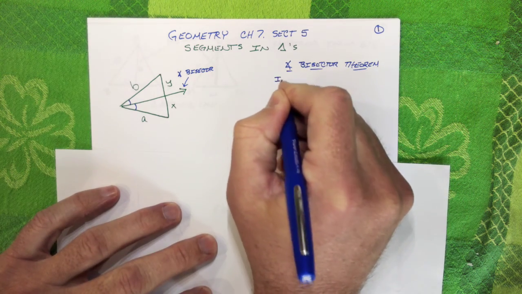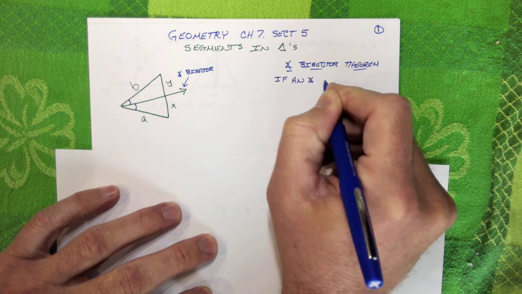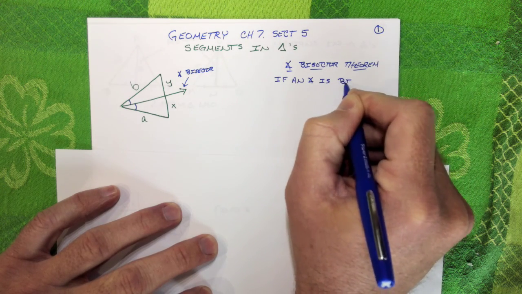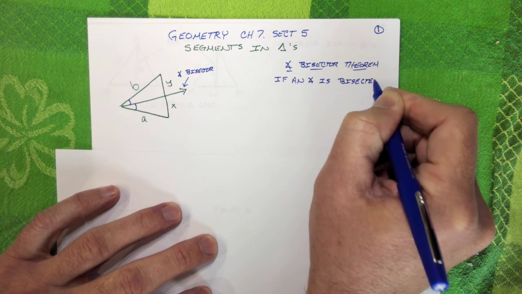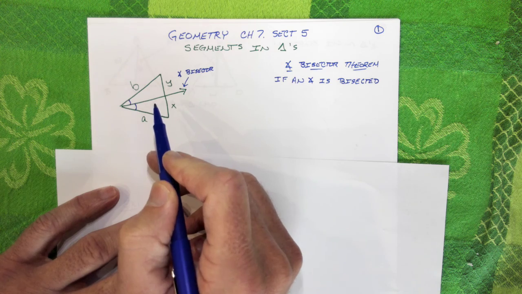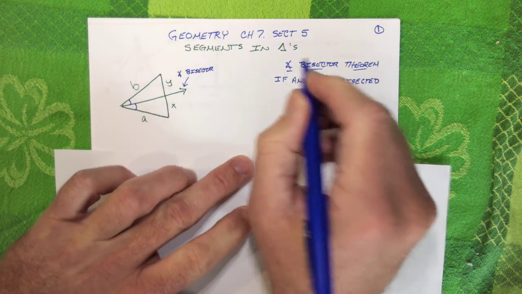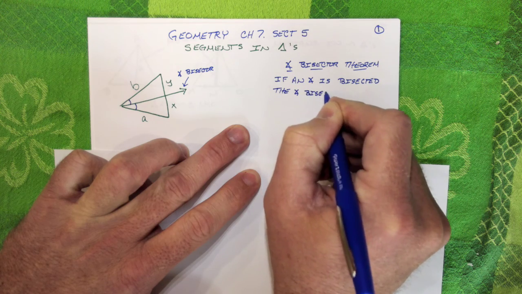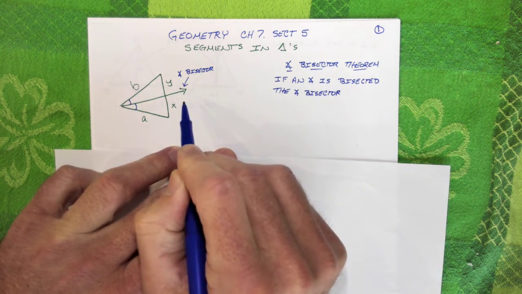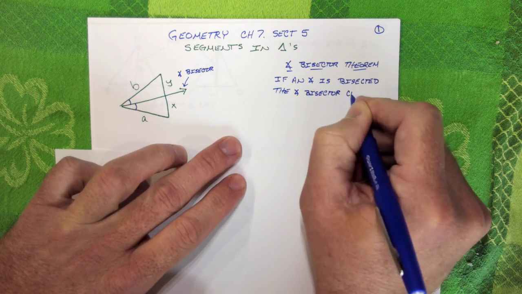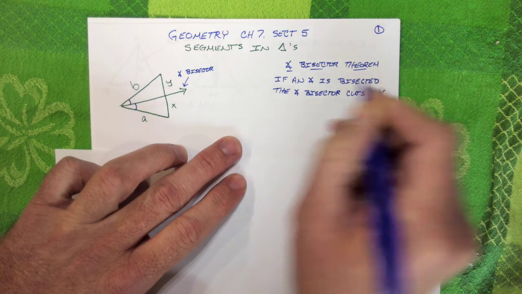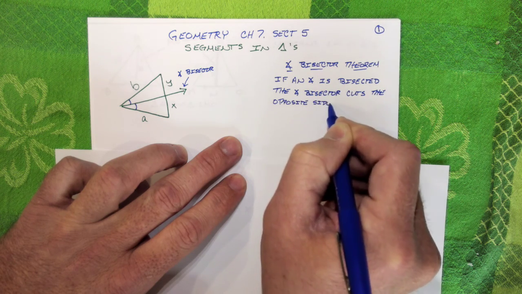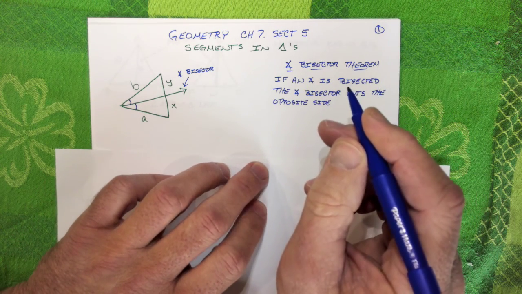So if an angle is bisected, as you see exemplified over here, the angle bisector cuts the opposite side, the one away from the angle, proportional to the sides of the angle.